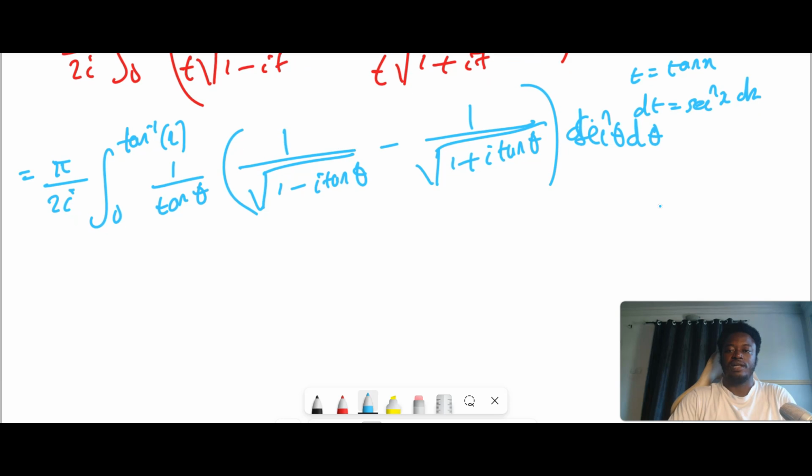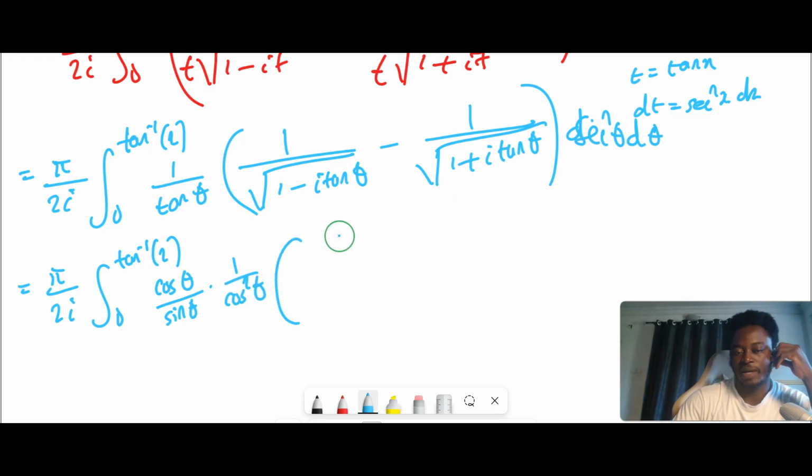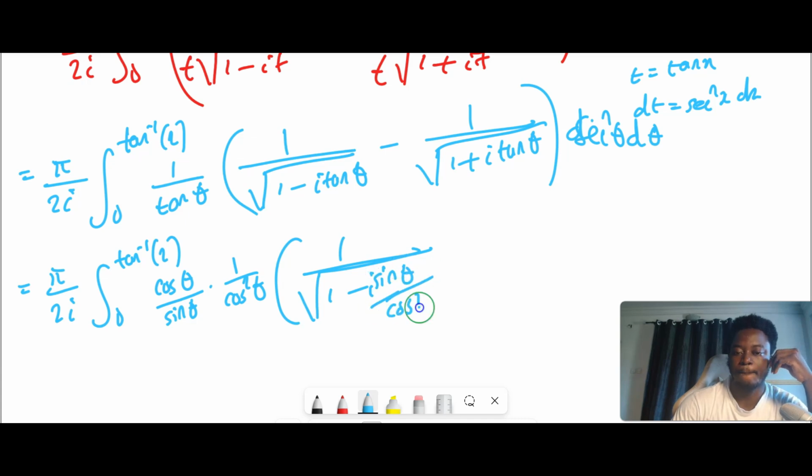Then this would become pi over 2i times the integral from 0 to tan inverse of 2. Then you would have cosine theta divided by sine theta times 1 over cosine squared theta. This will be multiplied by 1 over square root of 1 minus i sine theta, all divided by cosine theta.